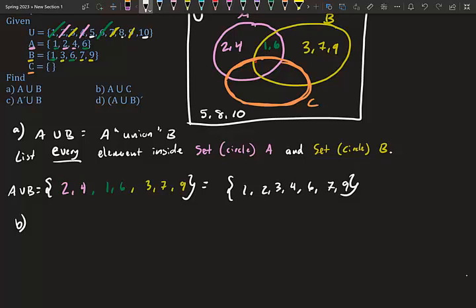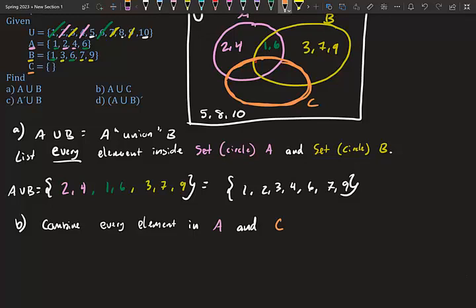We're combining everything in circle A and circle C. So we're gonna combine every element, every number inside circle A and circle C. Set A, set C, the pink and the orange.